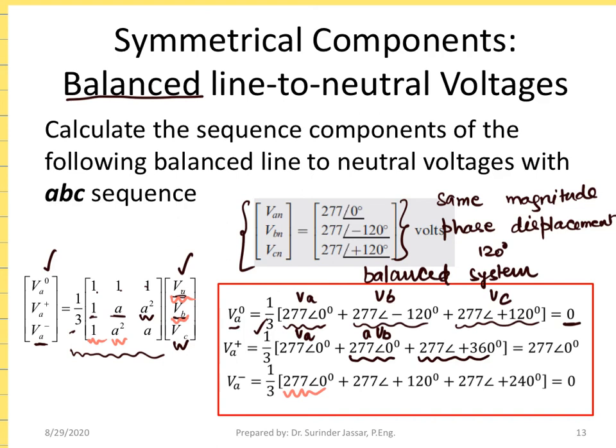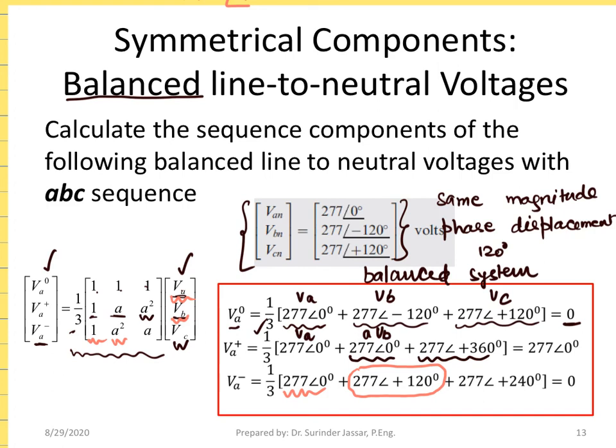That is 1 times 277 at an angle of 240 minus 120, which is 277 at an angle of positive 120. So A square VB, there you go. Right, guys? A square VB is 277 at an angle of positive 120.